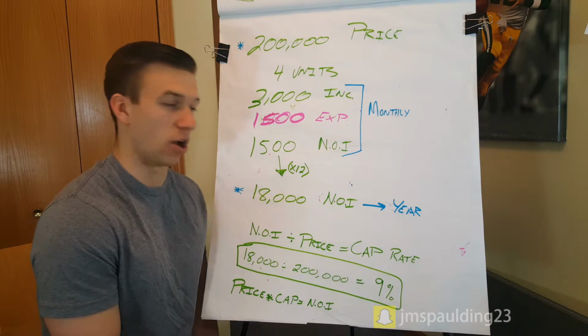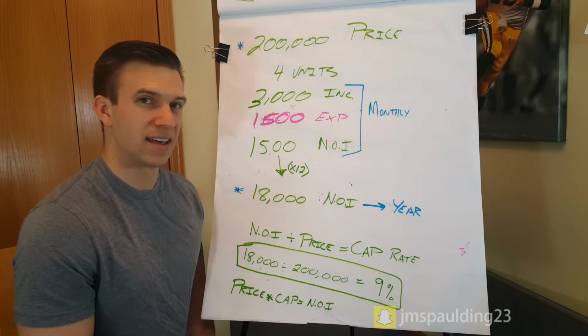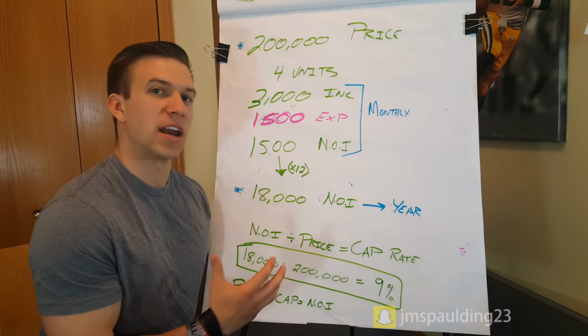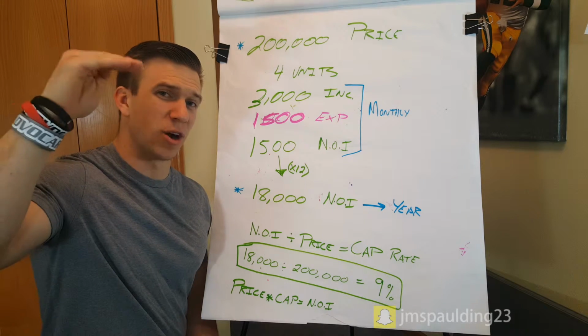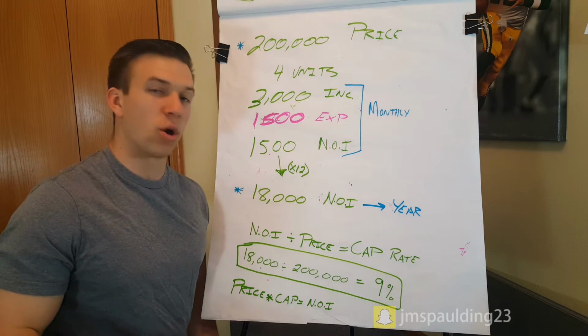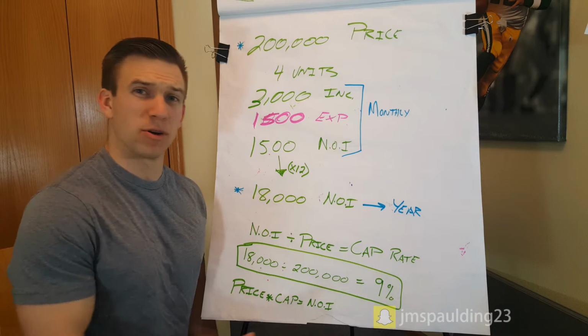Places like San Francisco, you see cap rates of 3 or 4%, which isn't as good a return on your money because it's less risky. So the higher the cap rate, usually it's a more niche market or a little bit more risky. A lower cap rate is probably a little bit more safety there.